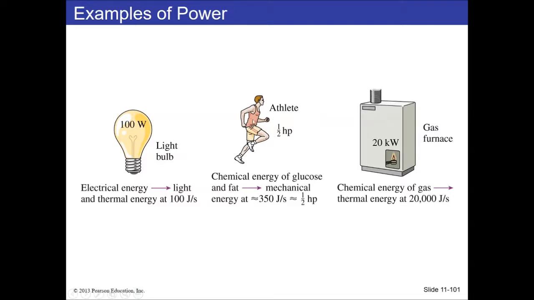Our athlete is half a horse apparently here, and that means they do 350 joules per second of power. One of the things that's useful for is to determine the metabolic rate of the person as they're performing this activity.